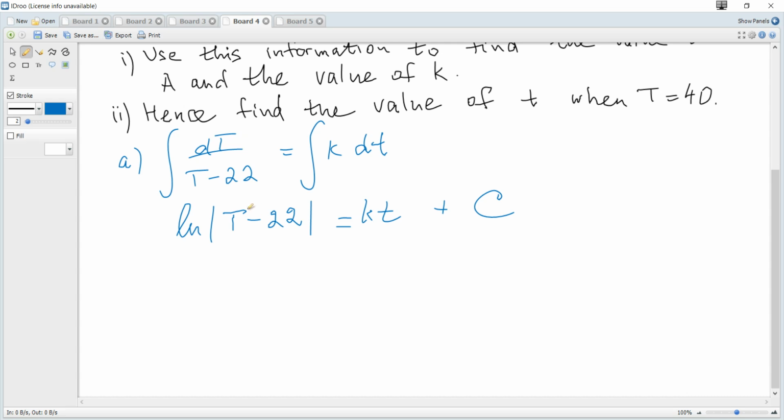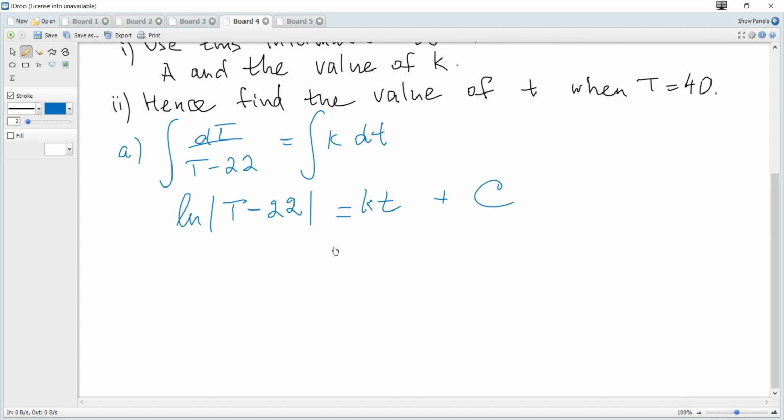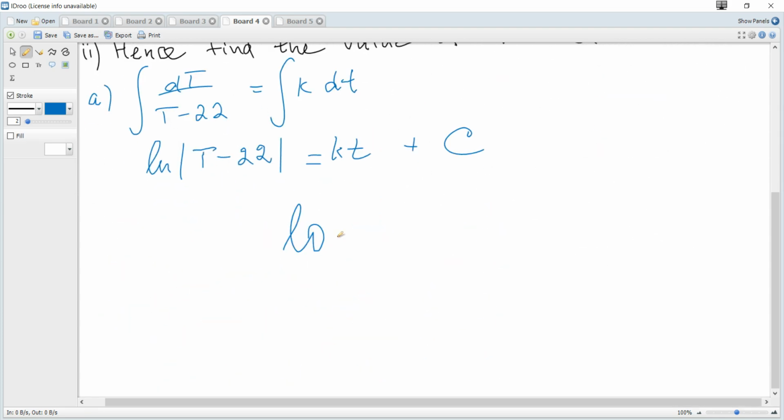Then we need to undo this ln to get T. For example, log base 2 of 8 is equal to 3. Why? Because 2 cubed is 8. So it becomes the absolute value of T minus 22.